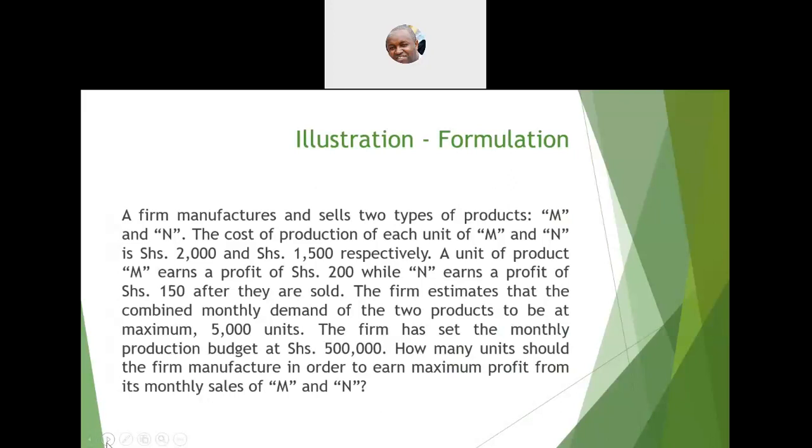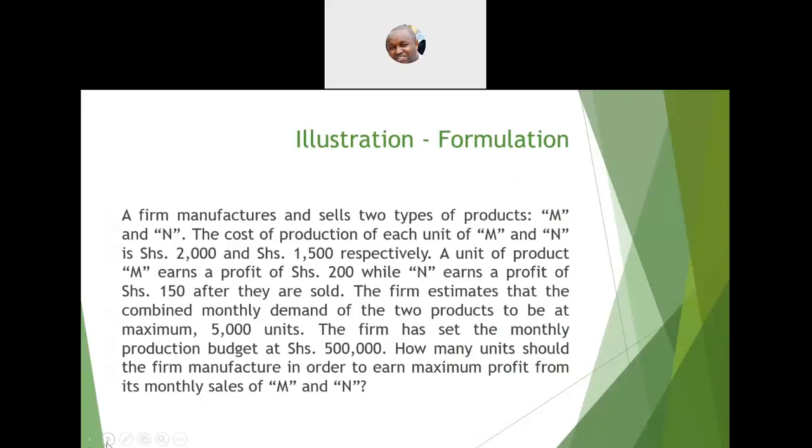We want to earn maximum profit from selling several units, but there are constraints. What are the constraints? One of them is that we can only sell combined units of 5,000, and our production budget is 500,000 shillings.